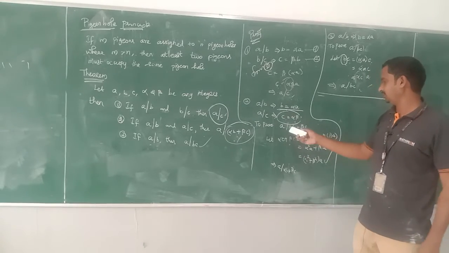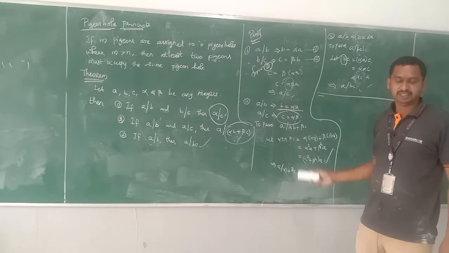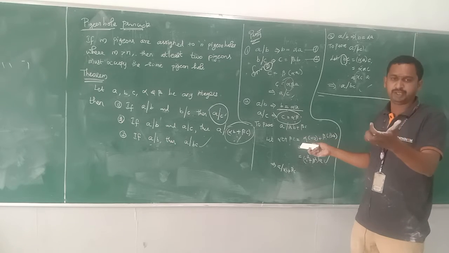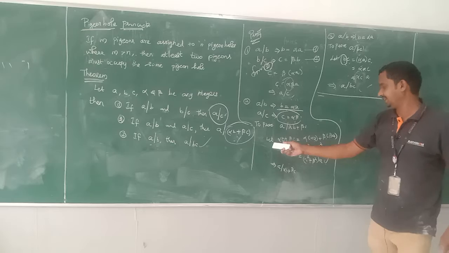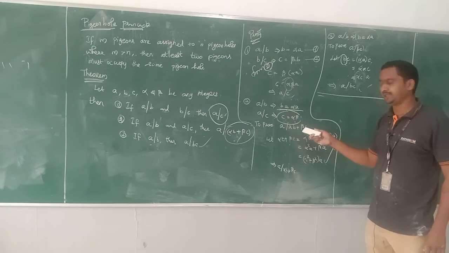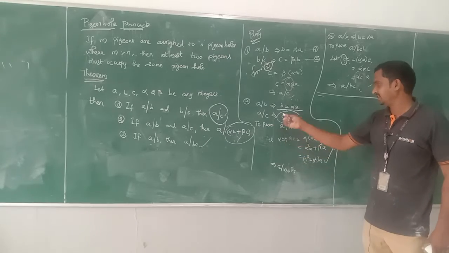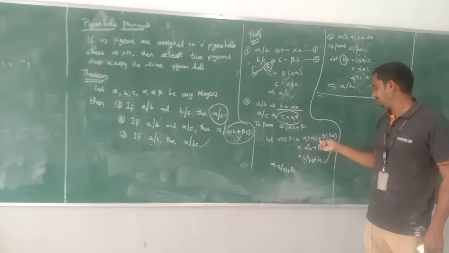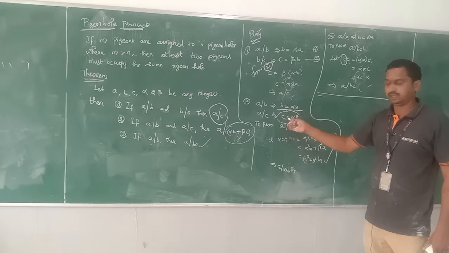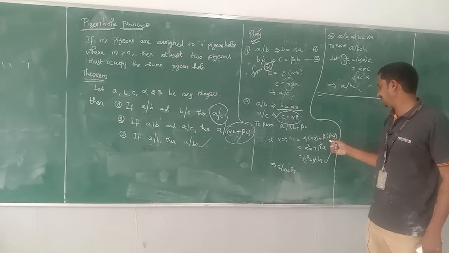Now you have to prove a divides alpha b plus beta c. Take alpha b plus beta c. We know the value of b, alpha into a, and the value of c, beta into a.